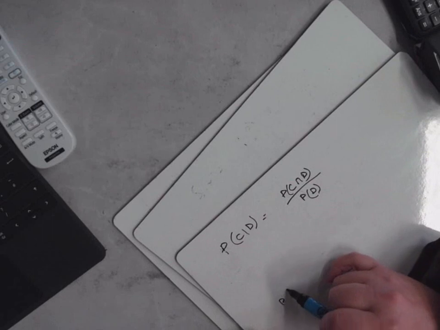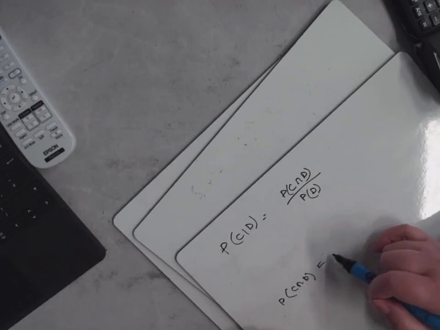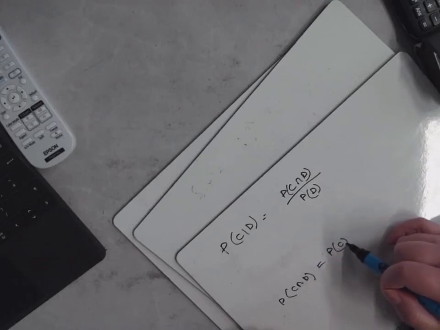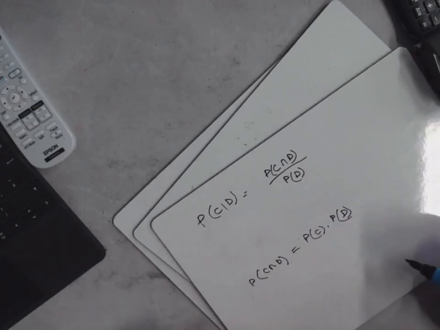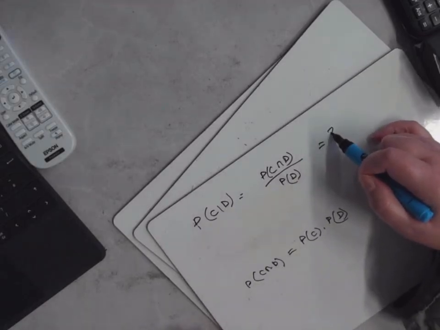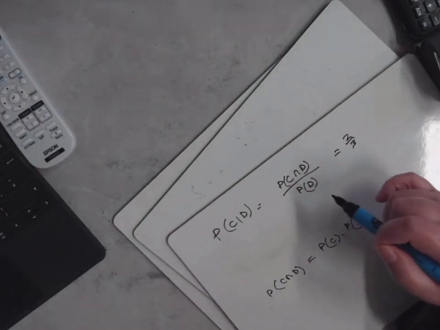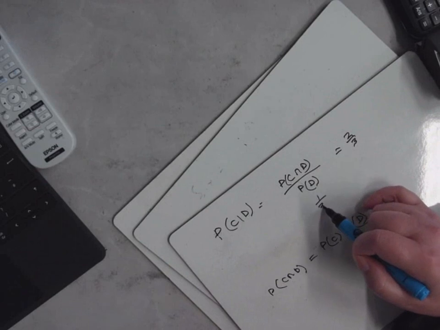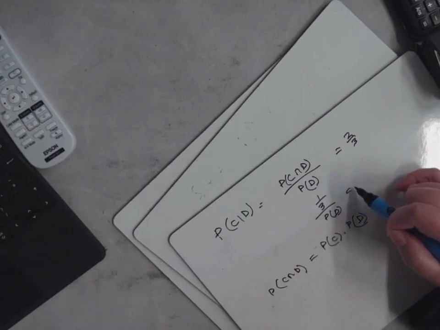We know that probability of C intersection D is equal to the probability of C multiplied by the probability of D. Okay, so they say they are independent, so that means that formula works, right? Given that the events are independent, that's 2/3. Probability of C intersection D is 1/3, so 1/3 over the probability of D equals 2/3.